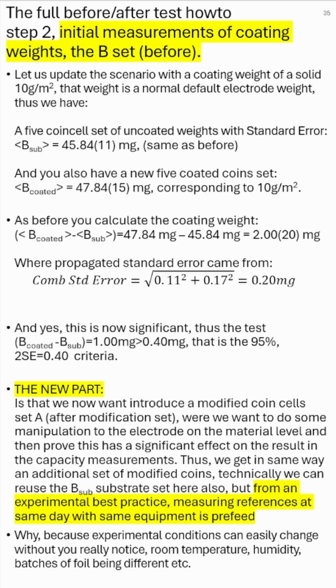And the answer to that is yes. That is because that is the best practice. Always take a new batch, even if it's the same sort of uncoated coins, because if you do that, you should measure it on the same day, in the same situation. Because now we're working with copper foils, and that is very inert, so in this case, we will not see so much difference.